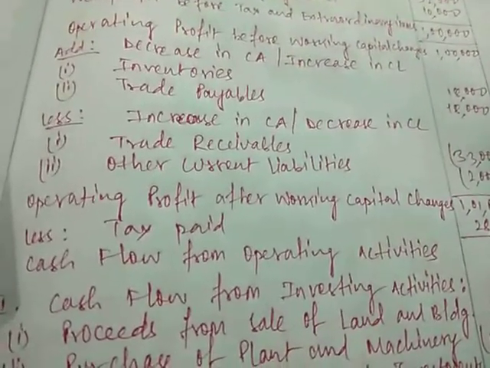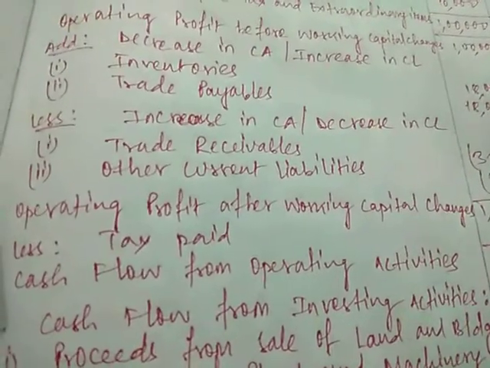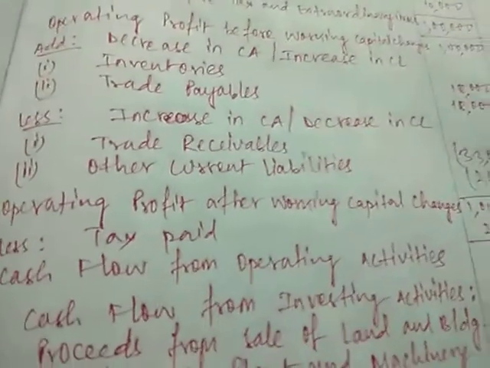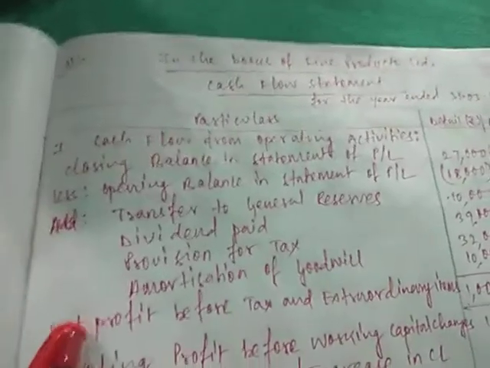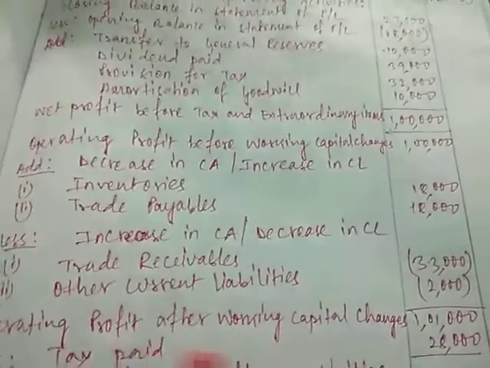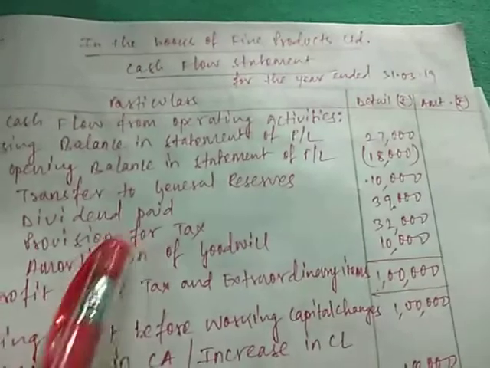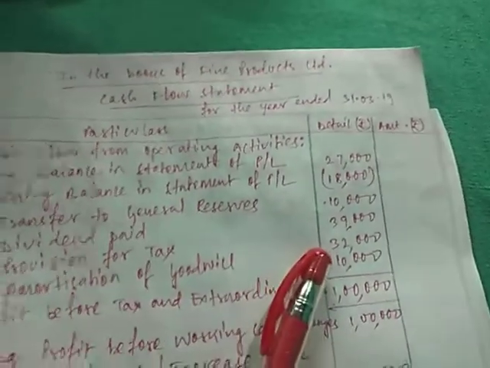Now the current year's provision will be added and the previous year's provision for tax will be subtracted. The current year's provision is 32,000 on 31st March 19 and the previous year's provision is 28,000 on 31st March 18. So previous year's provision is subtracted here, tax paid 28,000, and current year's provision is added here, 32,000.